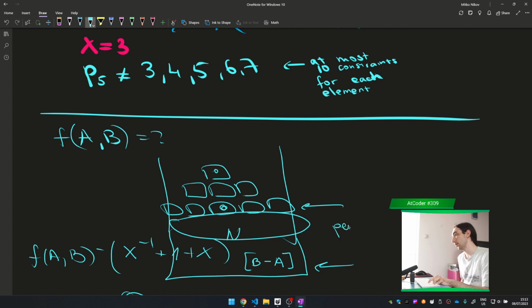It's not periodic cycling, but yeah, it's periodic, definitely some kind of mathematics you can pull off to achieve this.